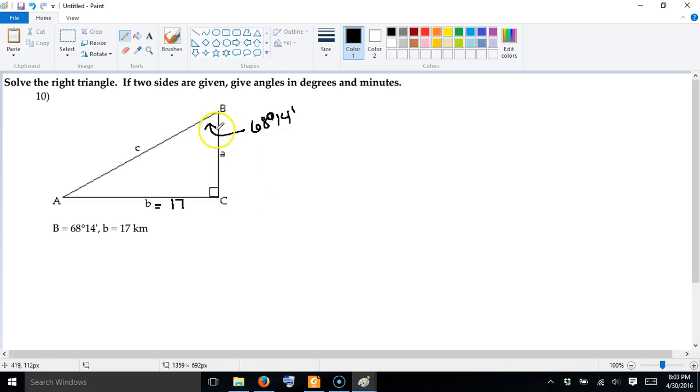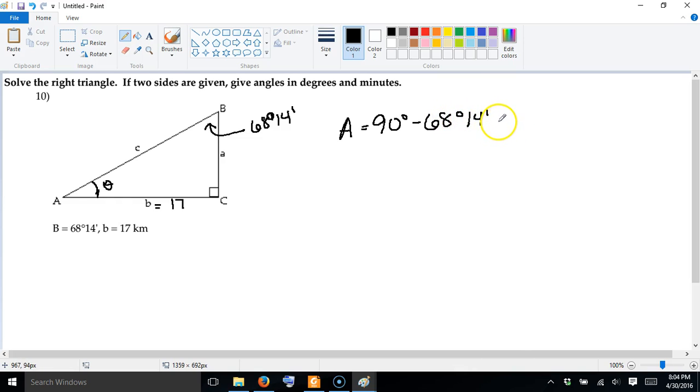Now to solve this triangle, remember we need to solve for the other angle measurement that we do not know, and then the other two side measurements we do not know. So let's go ahead and start by just finding the angle measurement of A. So A is equal to, now remember on a right triangle, these two angle measurements are always going to add up to 90 degrees. So just take 90 degrees and subtract your given angle measurement, the 68 degrees and 14 minutes.